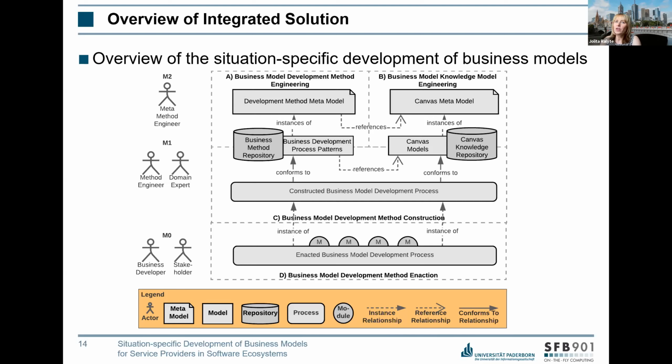And when we go to the method level, you need to build your repository in your domain, because this is the business model creation part. You need to collect all method chunks or method components that would help you to build business models. So you can start at this level, without needing to go up to the meta level and reinvent method engineering itself, to my understanding.